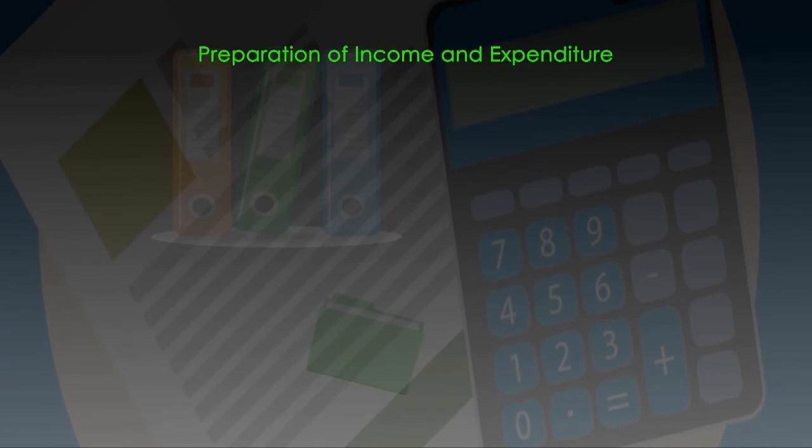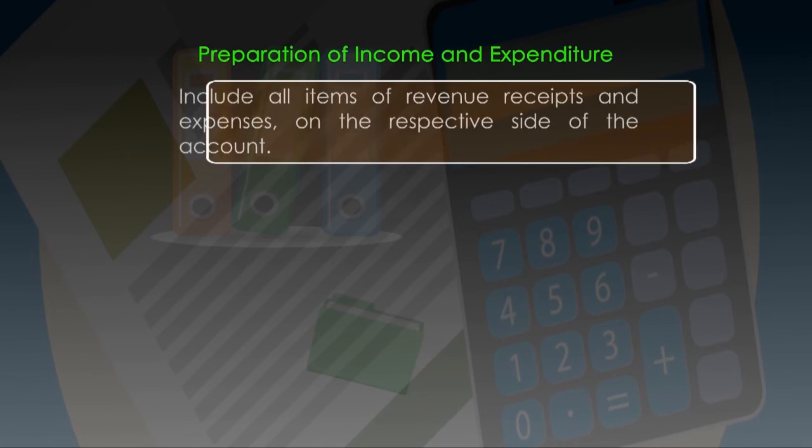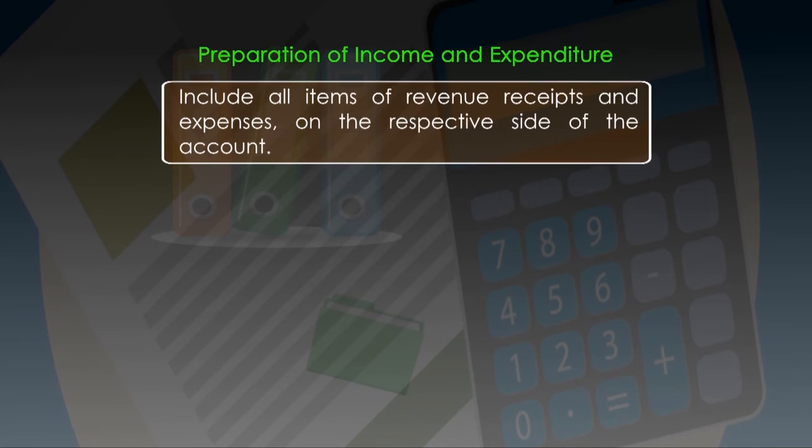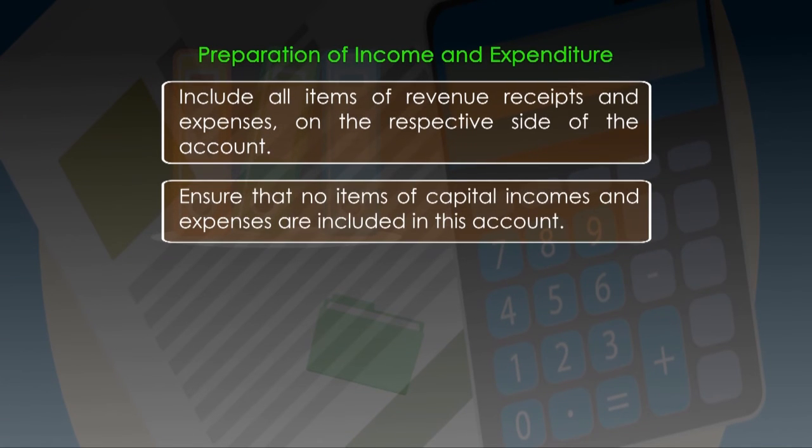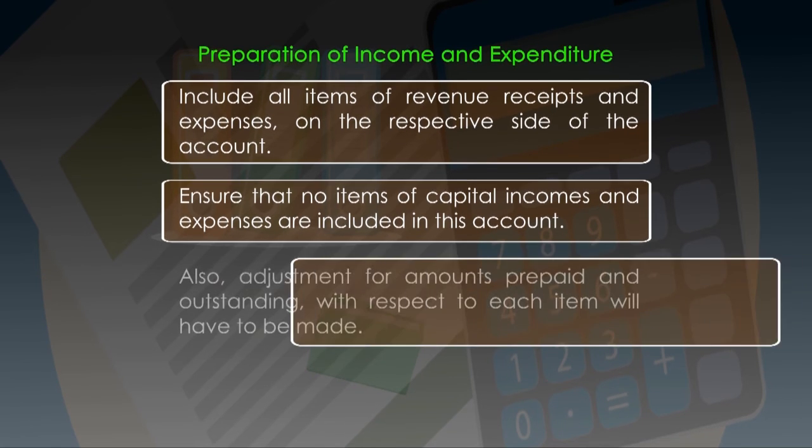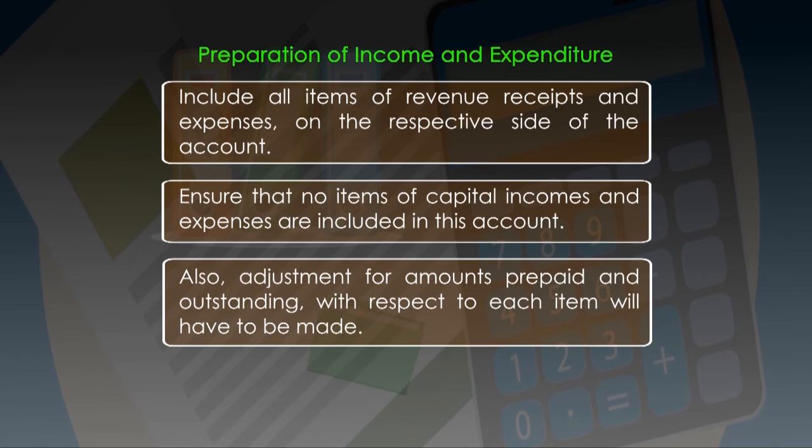Now we have preparation of income and expenditure account. For preparing an income and expenditure account, follow the steps as listed below. Include all items of revenue, receipts and expenses on the respective side of the account. Ensure that no item of capital incomes and expenses are included in this account. Also, adjustment for amounts prepaid and outstanding with respect to each item will have to be made.